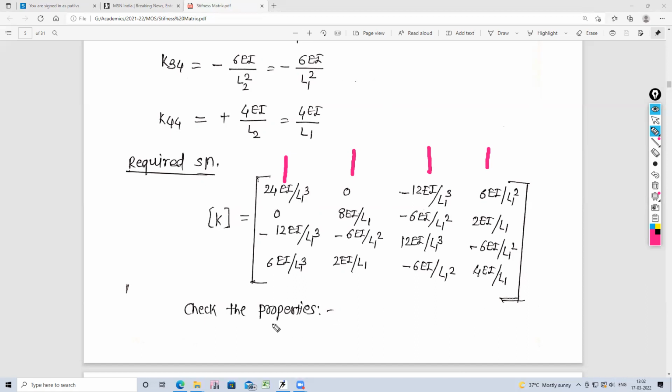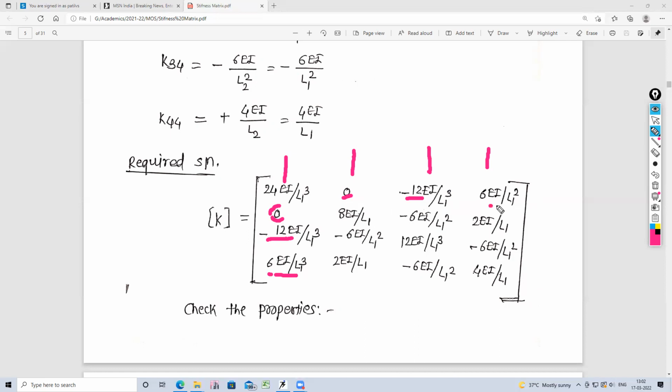Then just check the properties, whether it is correct or not. What is the first property? The stiffness matrix is a square matrix. Is it square? Yes, there are 4 columns and 4 rows. First property satisfied. Second property, it is a symmetric matrix. K21 is equal to K12, K31 is equal to K13, and the elements are the same.